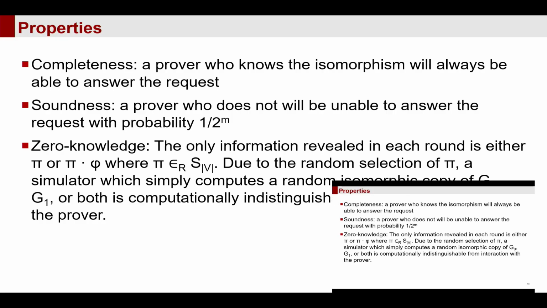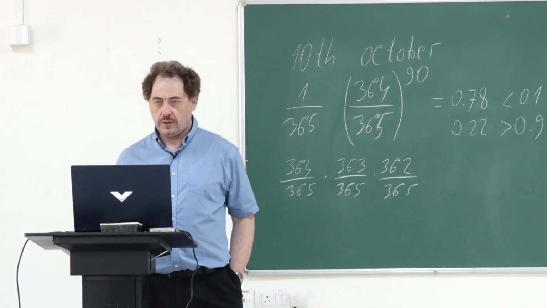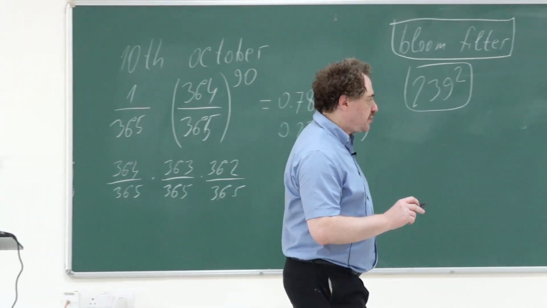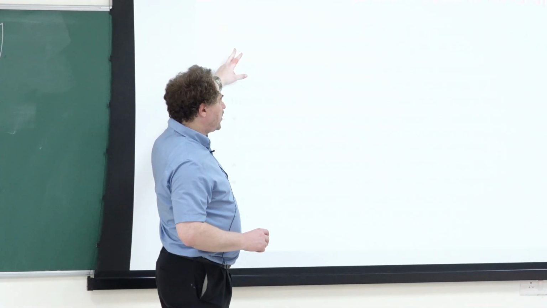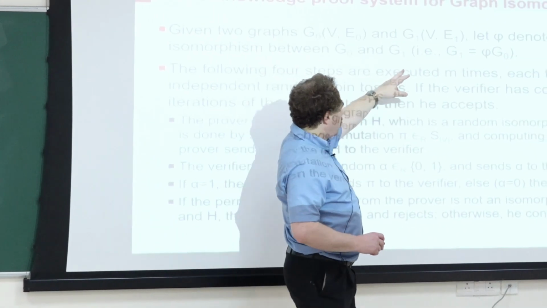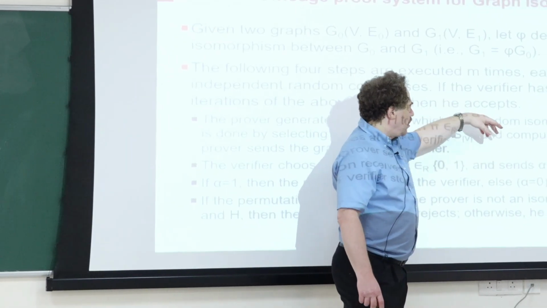Now properties. Completeness: if a prover knows the original isomorphism, that is phi, then the prover will always be able to answer. Soundness: if a prover does not know phi, then consider one iteration. The prover will still be able to calculate a random isomorphic copy of G1.